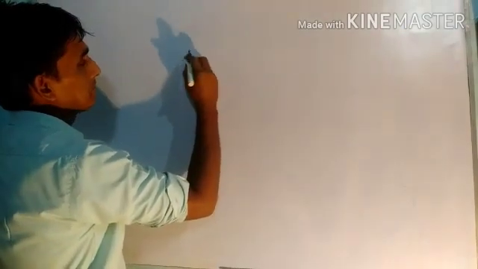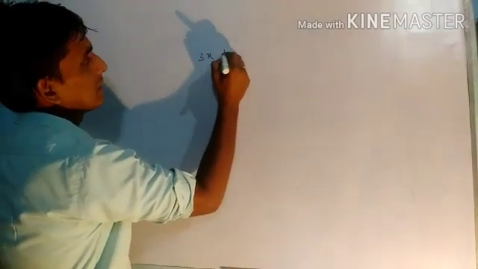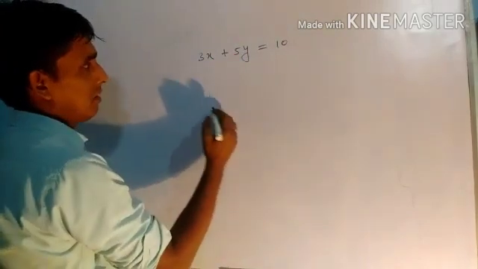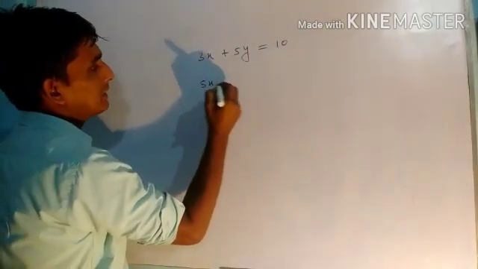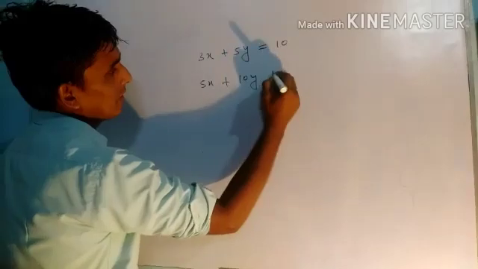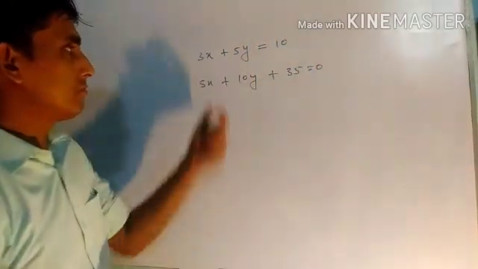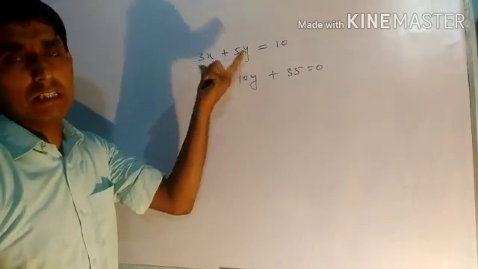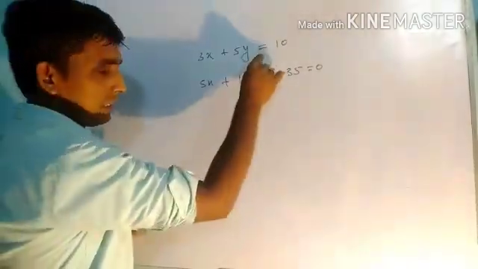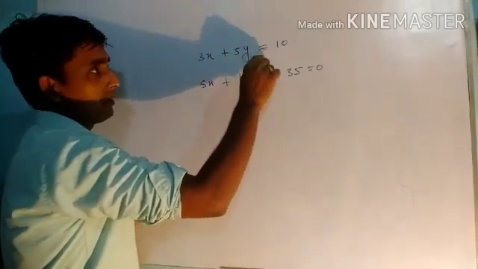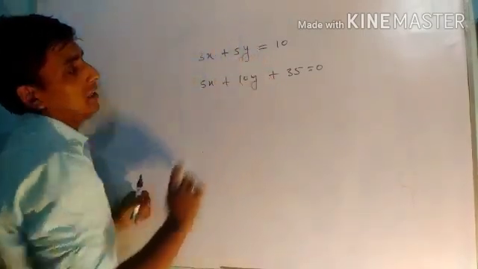So if I write 3x + 5y = 10, or if I write 5x + 10y + 35 = 0, this is an equation. Here there is an equal to sign, therefore it is an equation.